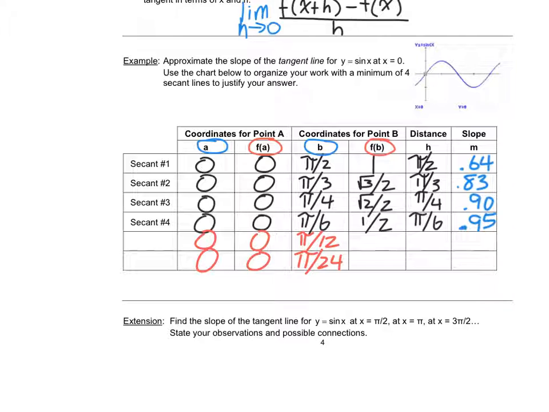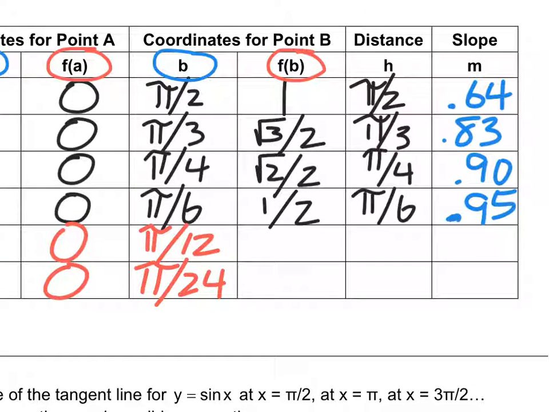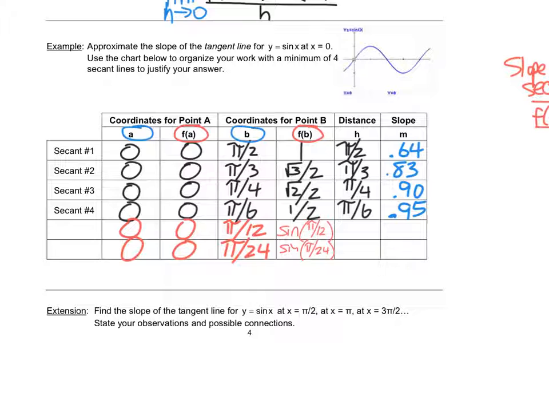The f of b, I don't want to figure that out in decimal form, so I'll just write it as the sine of pi over 12 and the sine of pi over 24. The next column is just a reproduction of b, so that's pi over 12, pi over 24.